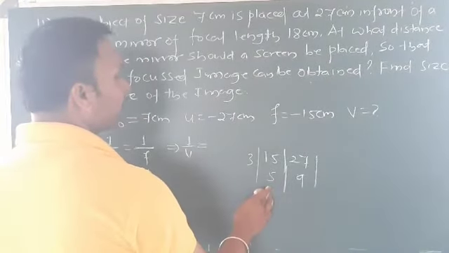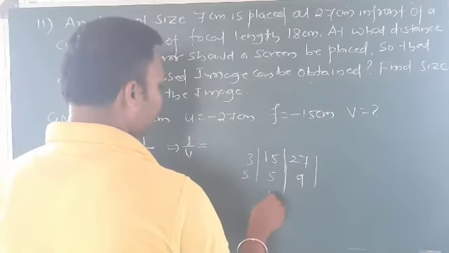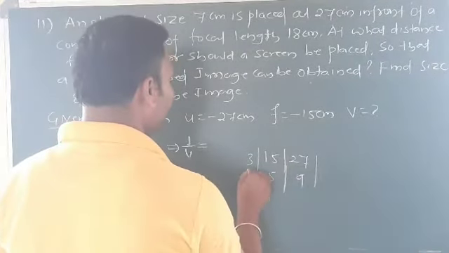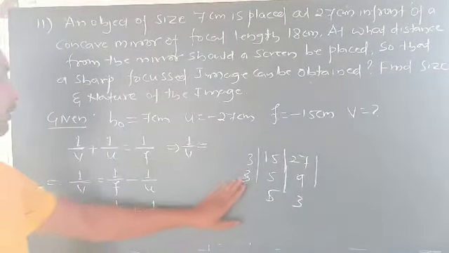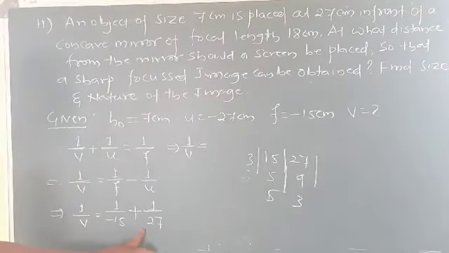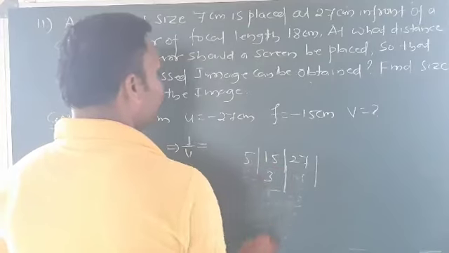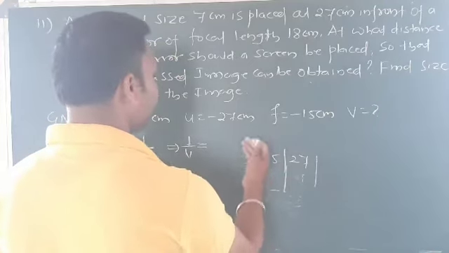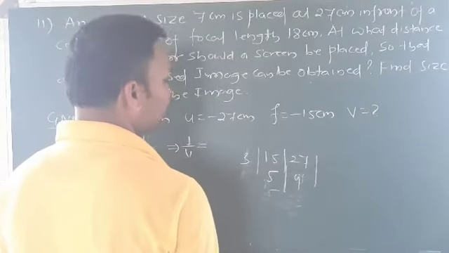So we get one more 3, and the 5 stays as it is. So the LCM of 15 and 27: I take 3, 3 fives are 15 and 3 nines are 27.